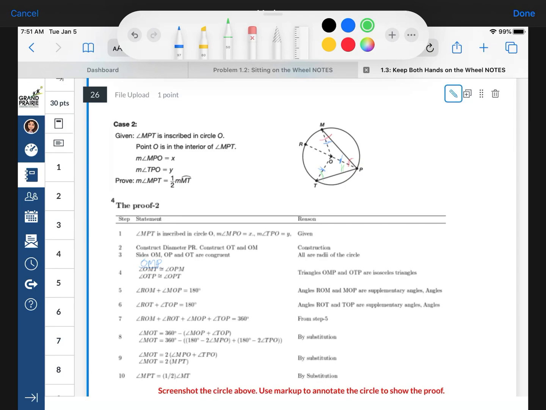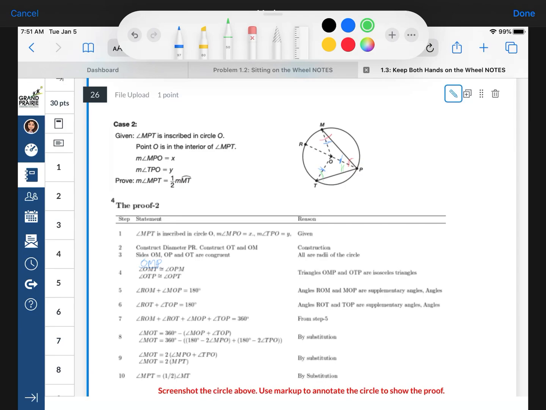All right, moving on from that, we can also notice that angle ROM plus the measure of angle MOP form linear pairs, or supplementary angles, so they add up to 180. We can say the same thing for angles ROT and TOP.